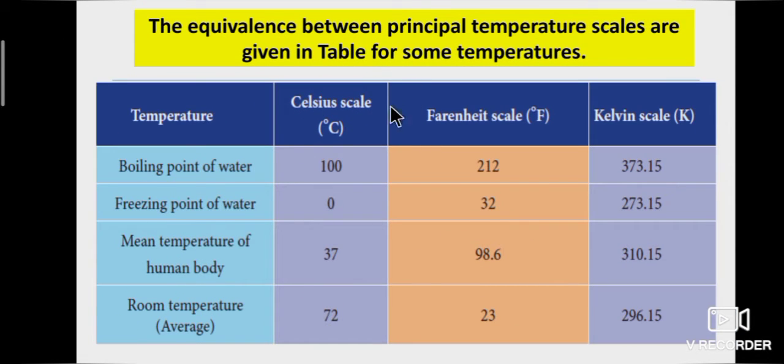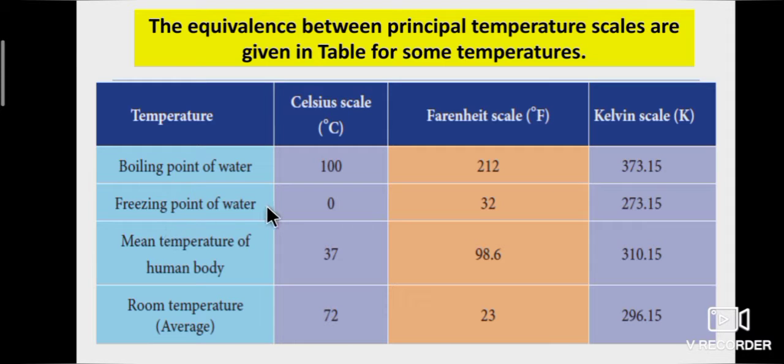Now we will see the principal temperature scales of some objects. Boiling point of water: 100 degrees Celsius, 212 degrees Fahrenheit, 373.15 Kelvin.